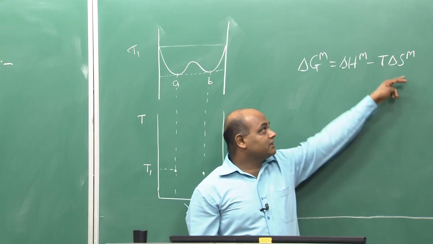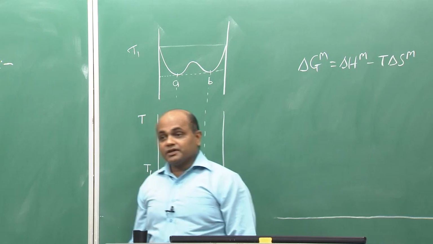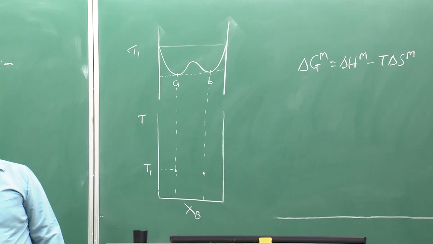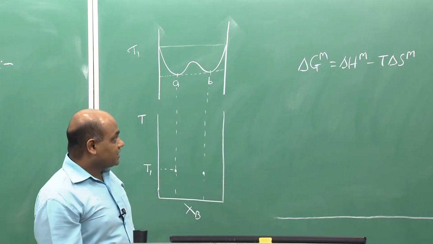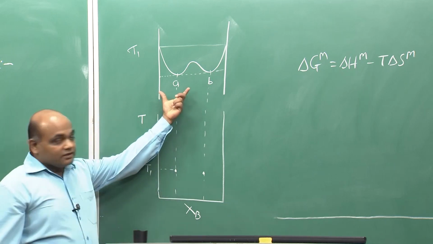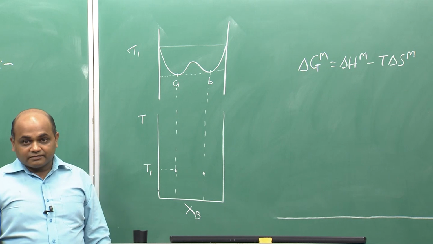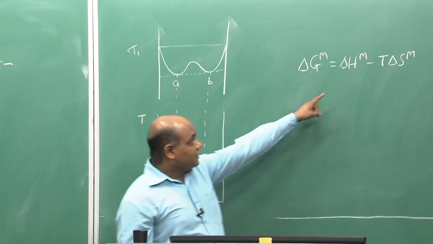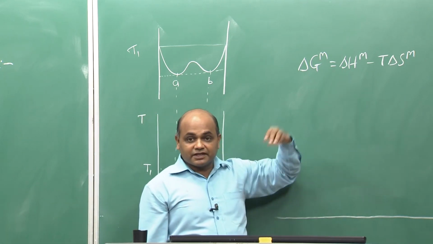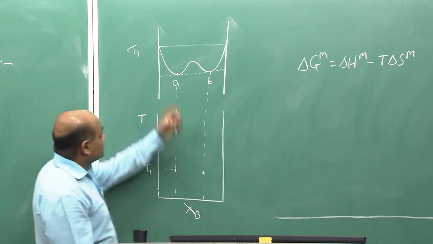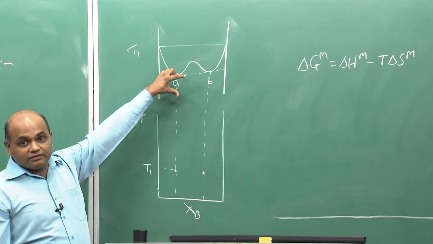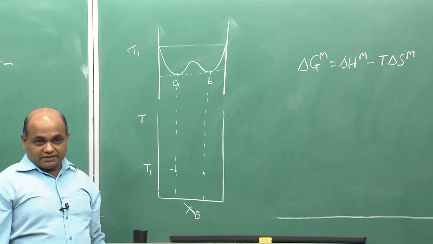So, as I increase the temperature, contribution from the entropy term is increasing, right. So, as I increase the temperature, the miscibility gap should decrease or increase. So, relative contribution from delta Hm is decreasing, right. So, the region with negative curvature should decrease, right.